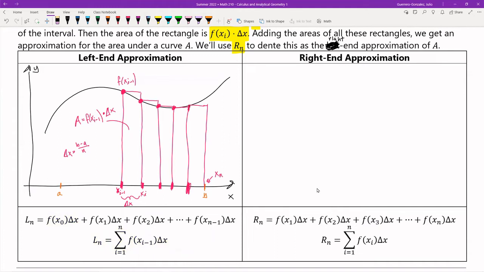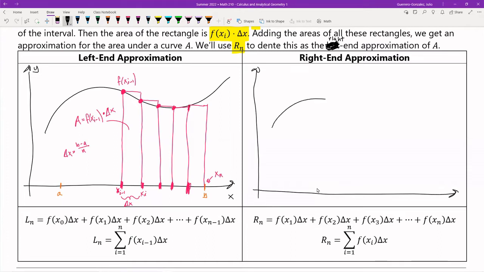If we want to do the right end approximation, it is the exact same argument, with the exception that we're now using the right endpoint of each one of the subintervals from our partition. So let me go ahead and draw that out to be sort of clear about it. I'm going to draw my x-axis and my y-axis. Okay, and here's my function.